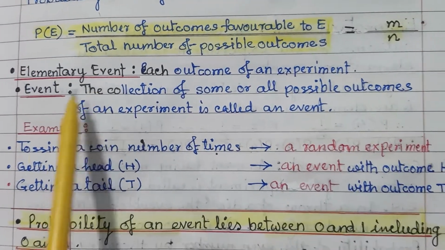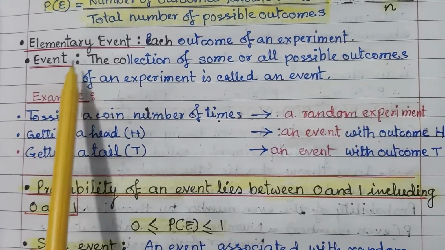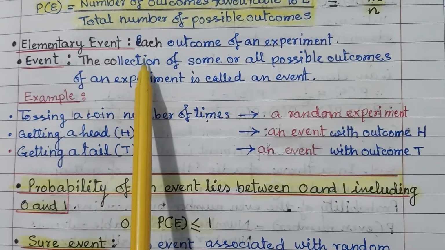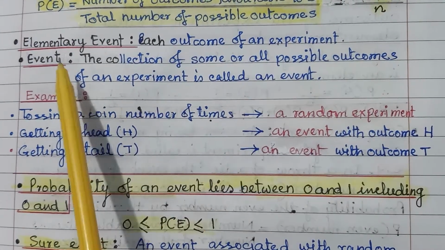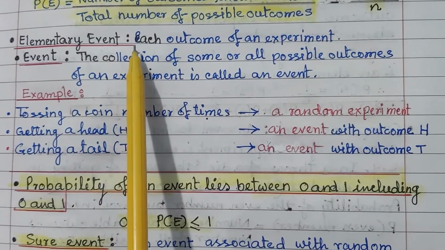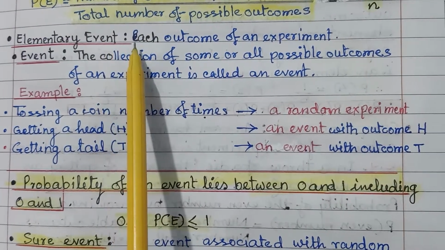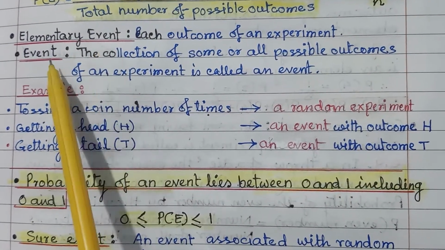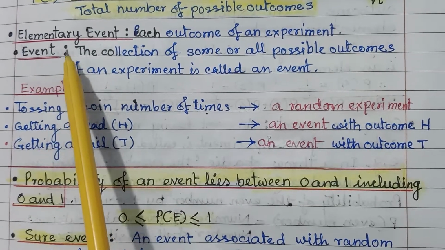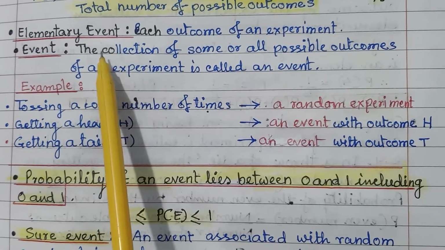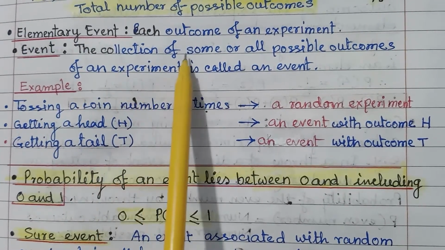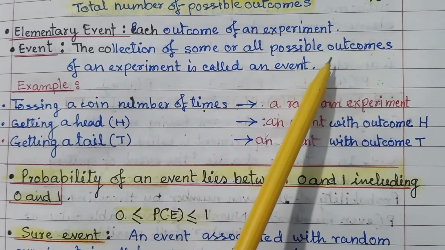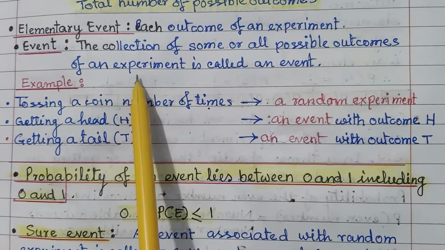Now, elementary event and event. Each outcome of an experiment is called an elementary event. Suppose head is an elementary event, tail is an elementary event. An event means the collection of some or all possible outcomes of an experiment.